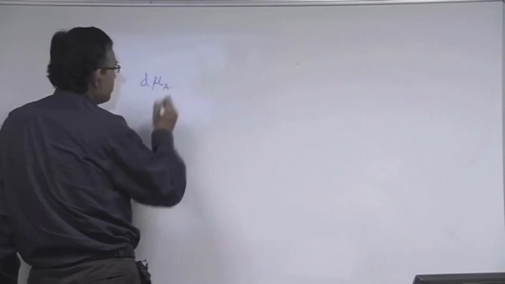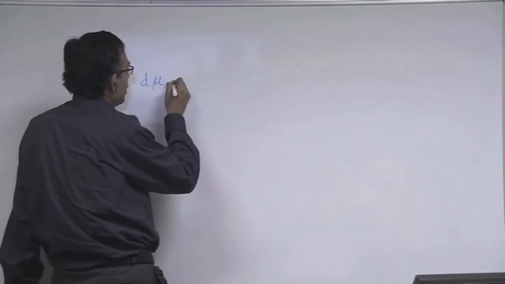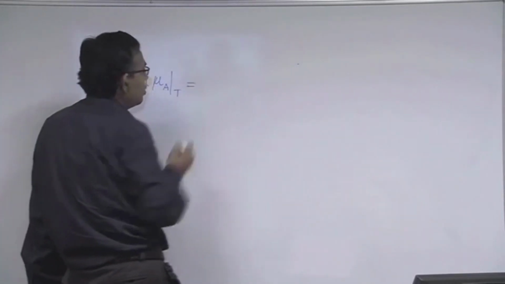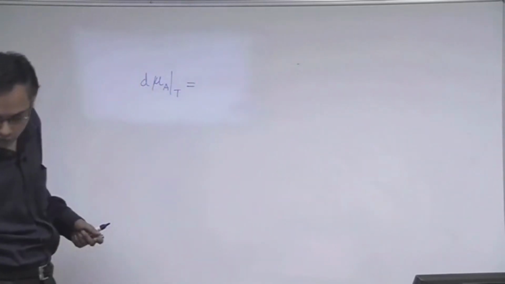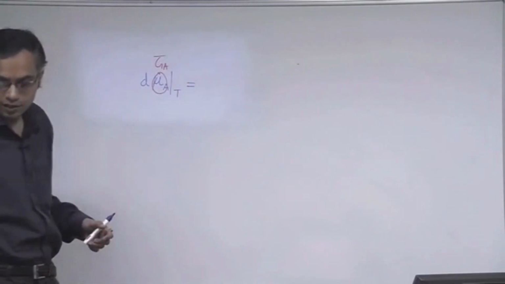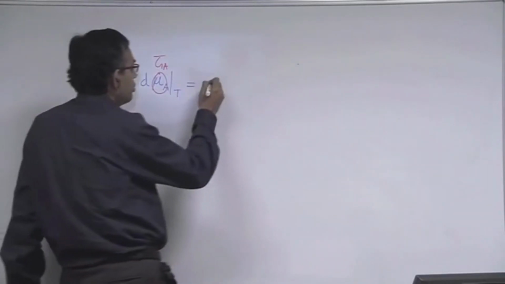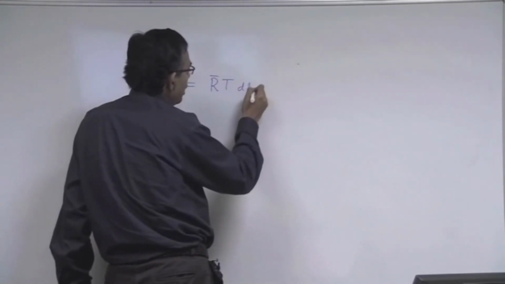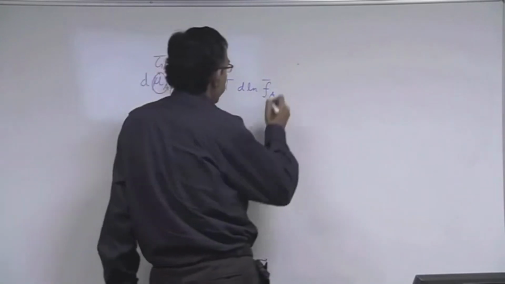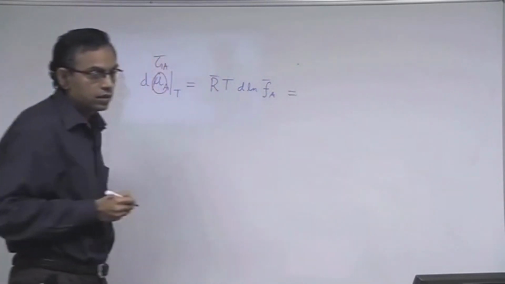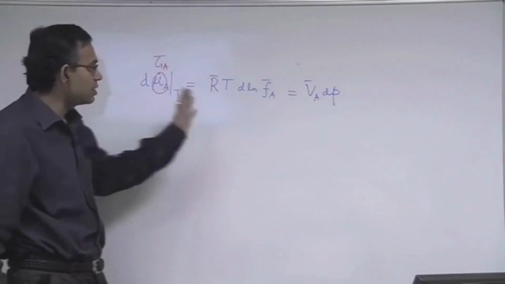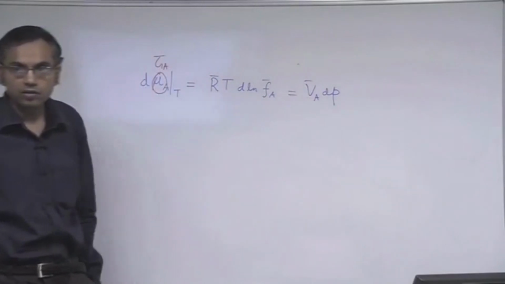So d mu A at constant temperature, or this mu A, the alternative notation is G A bar, is equal to R T d ln f bar A, is equal to V A bar dP, all the terms at constant temperature.